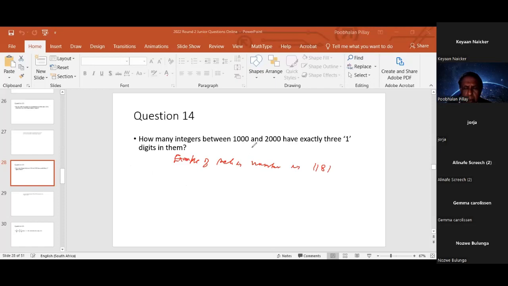All right, now all these numbers, they look like this. They start with 1, and then you got 3 other numbers, right? They must start with 1 because they are between 1000 and 2000. So the numbers we're looking for look like 1xxx, like that.